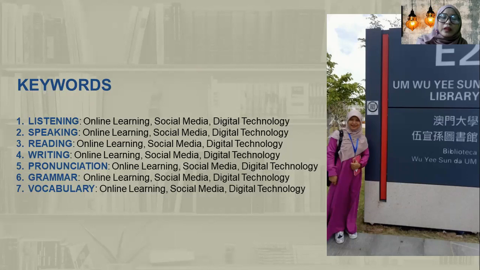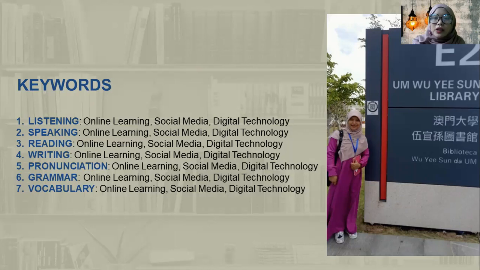So that could be your reference. But if it only consists of one keyword like listening, and you don't have any other sub keywords, skip it. You may search for more articles which consist of the main keyword and the sub keywords.